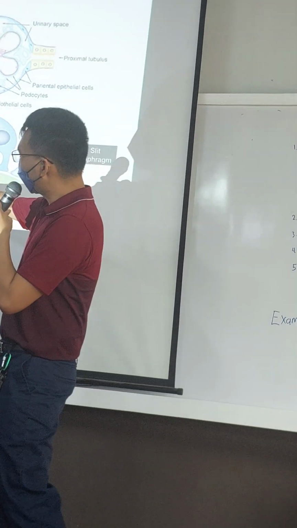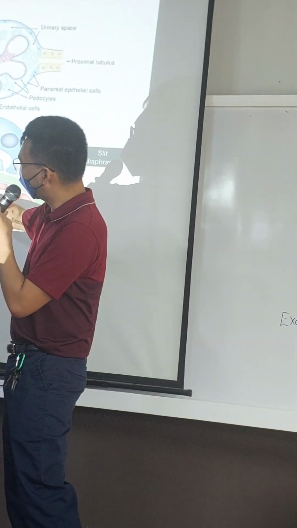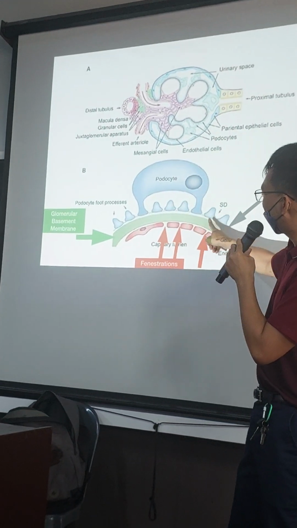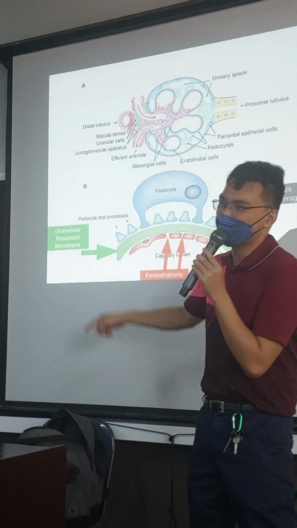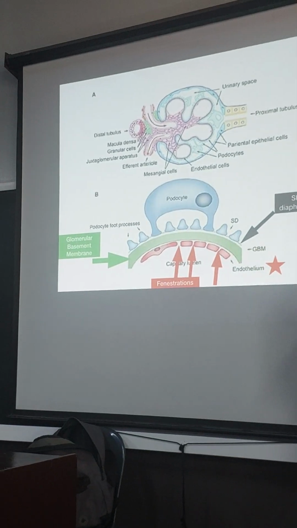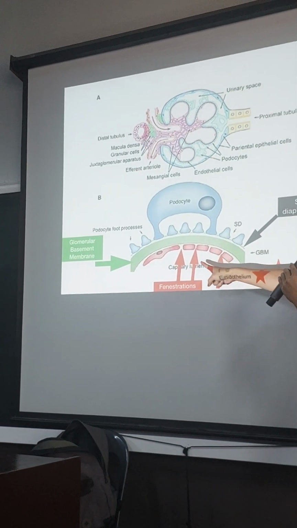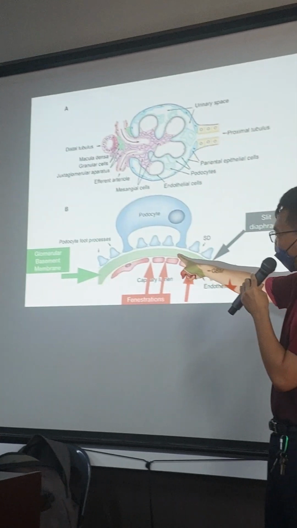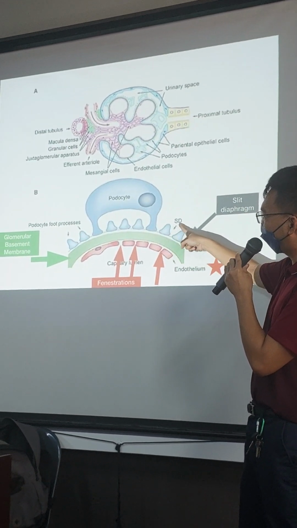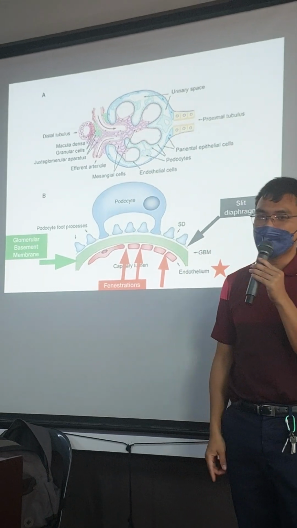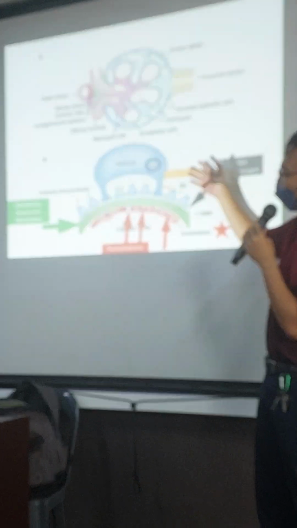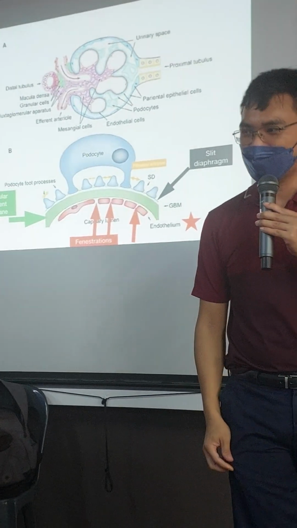The substances that are being filtered out will have to travel in between the slit diaphragm, or the fenestration slits. So again, the barriers of filtration are the capillary endothelium, the glomerular basement membrane, and the fenestration slits, in order for substances to move out of the capillary and enter into the urinary space. Those are the barriers of filtration.